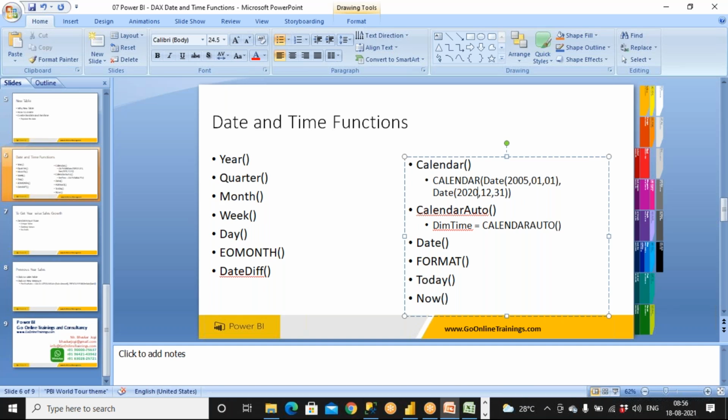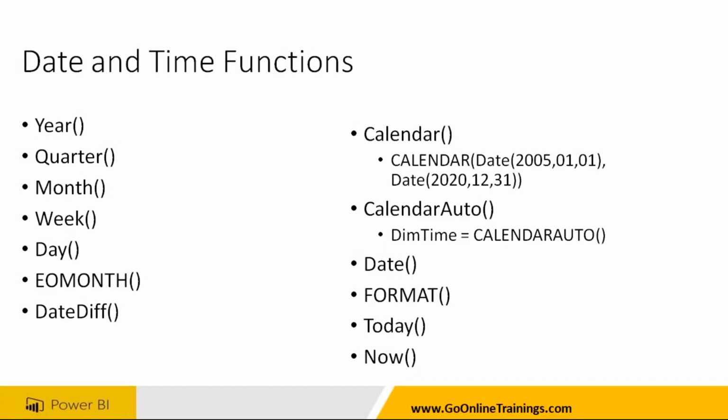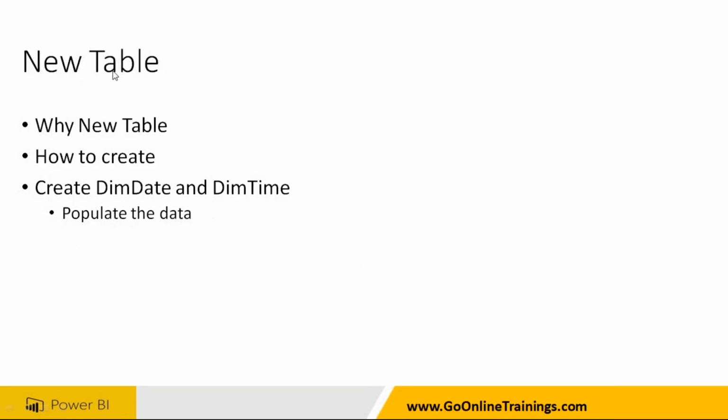So this is what you must know. I'm going to be using the first function, date and time functions. I'm going to be creating a new table. Why we need to create a new table, I clearly explained. The next one I'm explaining is how to create and populate the data: create a dim time table or a dim date table, and how to populate the data. Clear? So that is what we're explaining.